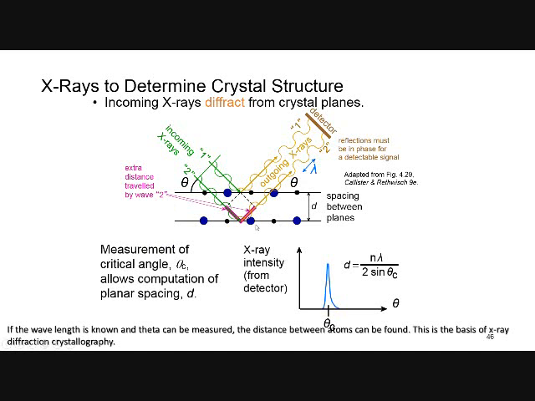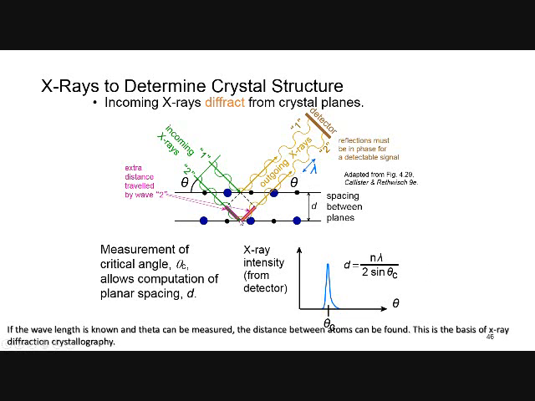If we do the calculation, we see the extra distance traveled by X-ray number 2 is this pink path, as you can see here. And if we do simple trigonometry, we can relate these paths to d using this relation.